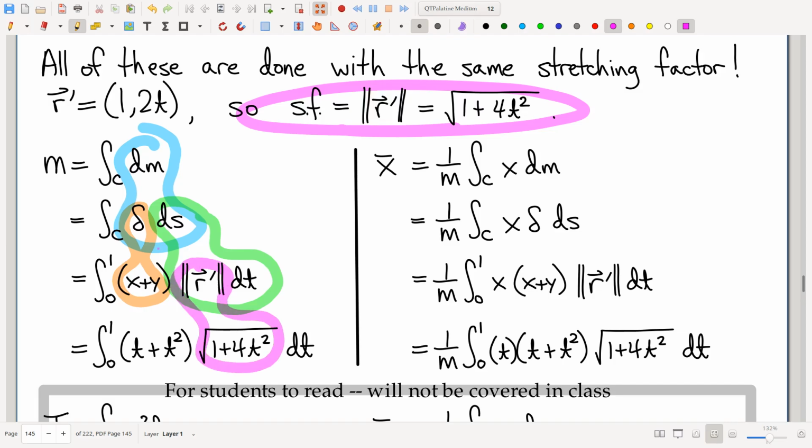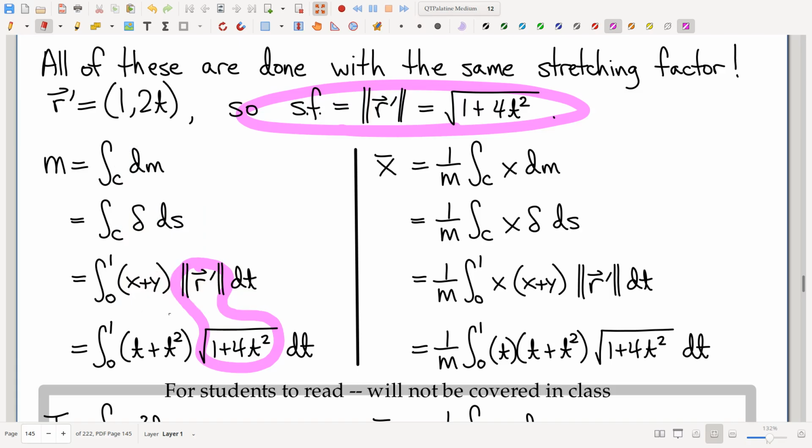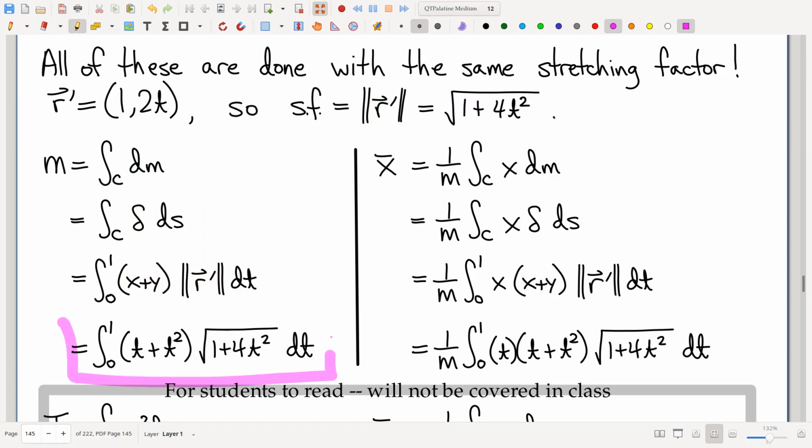So a lot of this is just kind of a matter of writing down the obvious. Right? Mass has the feature that's the whole of the sum of the parts, and then just kind of making these little innocent observations all the way down until what you end up with is in fact just a regular old single variable integral here that of course is computable. It's a pain, right? This is not a pleasant integral, but this is a doable integral.